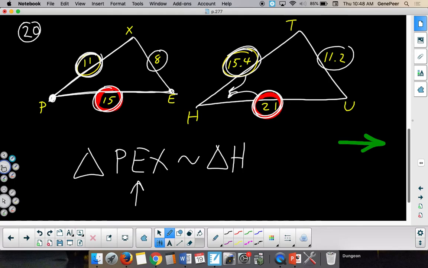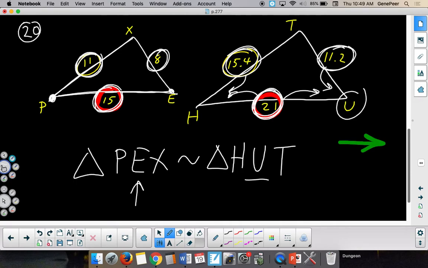If E is in the middle, then I've got to put something special in the middle on the other side. Where is E? E is between the little guy and the big guy. Over here, there's my little guy, there's my big guy. What's between the little guy and the big guy? It is U. So U has to go here. Then the only thing left is going to be T, but let's just do it anyway for practice.